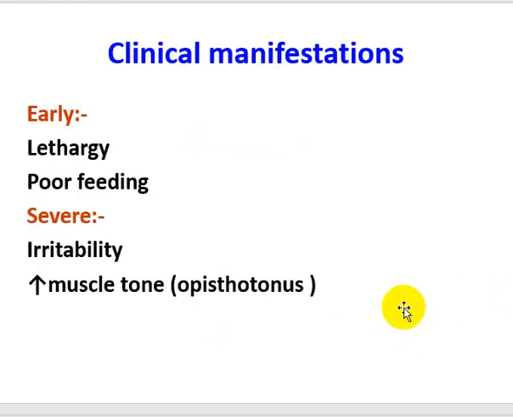Clinical manifestations of Kernicterus: early, they can present with lethargy and poor feeding. Later on, when it becomes severe, it may be associated with irritability and an increase in the muscle tone, what we call opisthotonus.